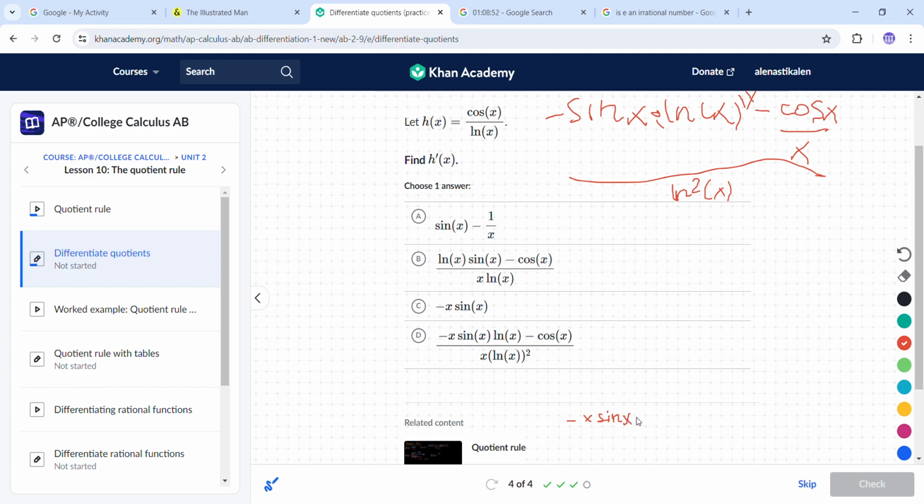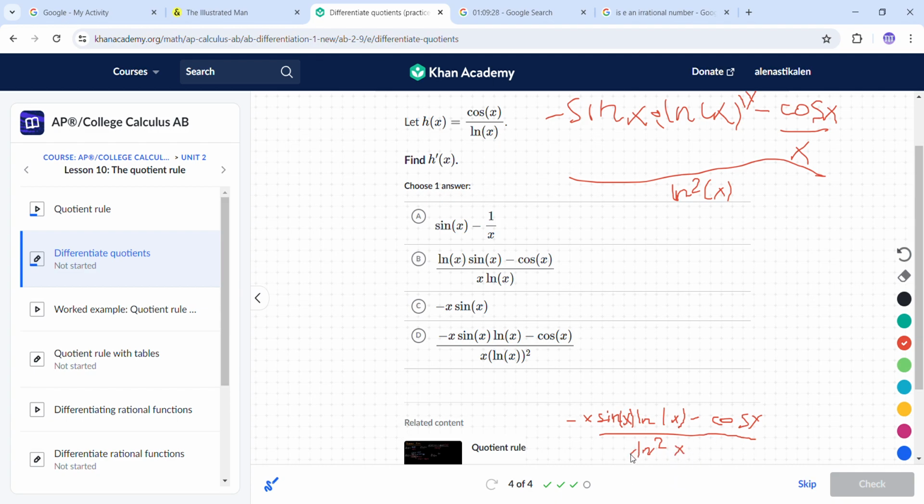Sine of x, and then the natural log of x is what we have here. Minus cosine of x. Just got to make sure to put these x's in the brackets. And then this is what we have left.